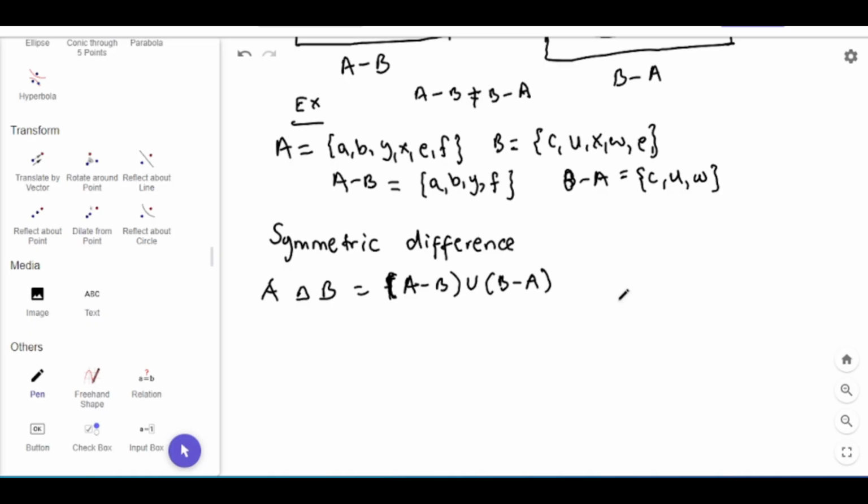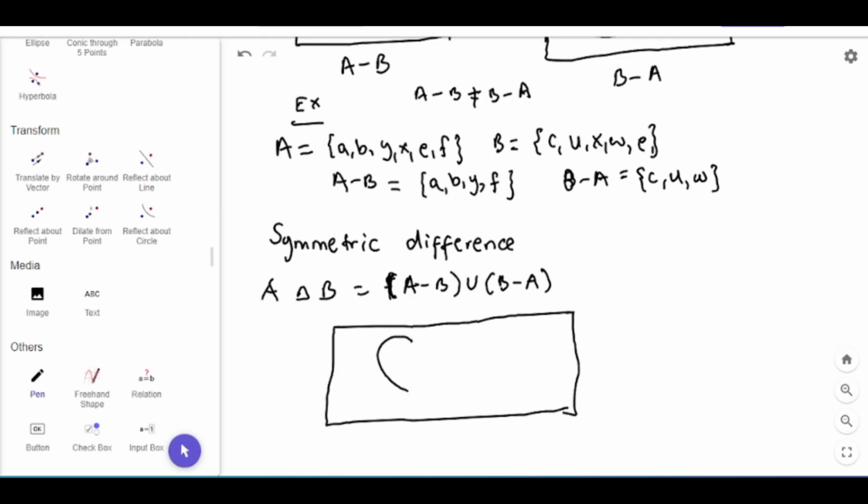That is quite interesting. Let's just draw this to help you see. We have two sets, A and set B. We know A minus B only covers this part, and B minus A only covers the other part.